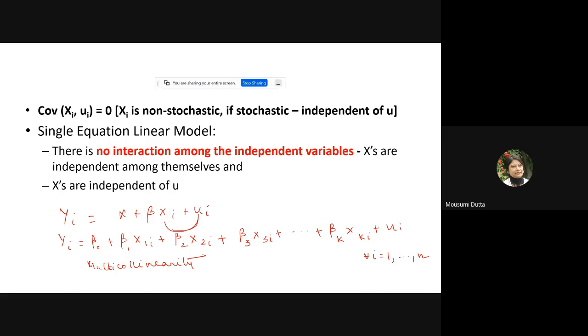Later, when I introduce the multiple regression model, if I have any time, I'll talk about the multicollinearity issue too. For the time being, remember that there should not be any correlation among the variables on the right hand side.